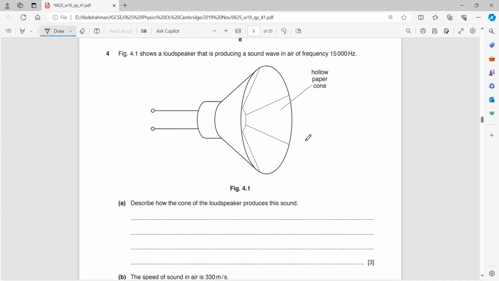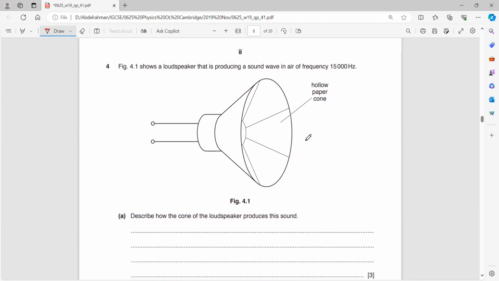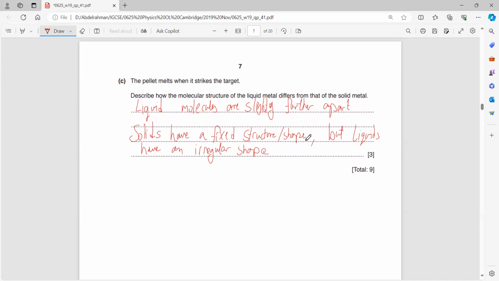Next question. Wasn't that two points only? Look, be careful, we stated everything about structure. He's asking you about the structure, so you need to state everything about the structure. What do we know about the structure? We know the distances between the molecules.